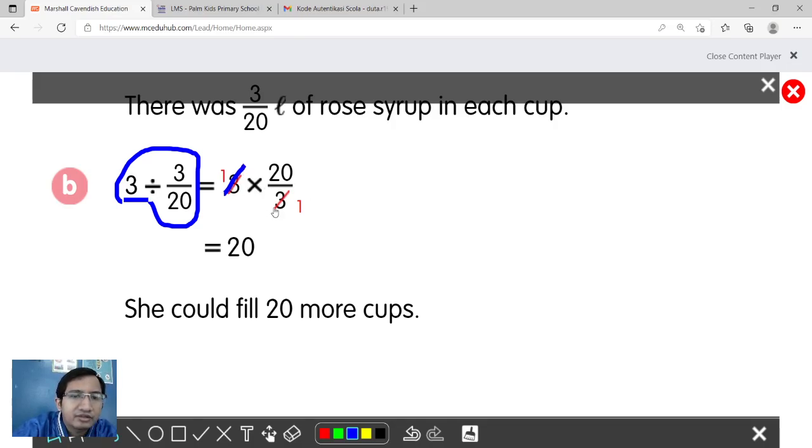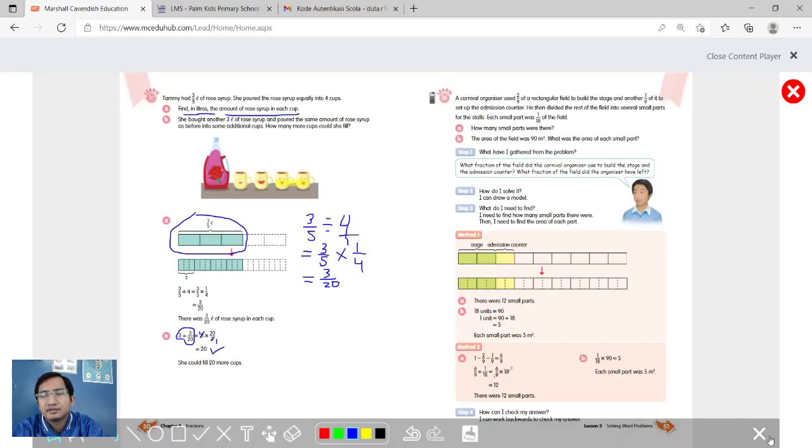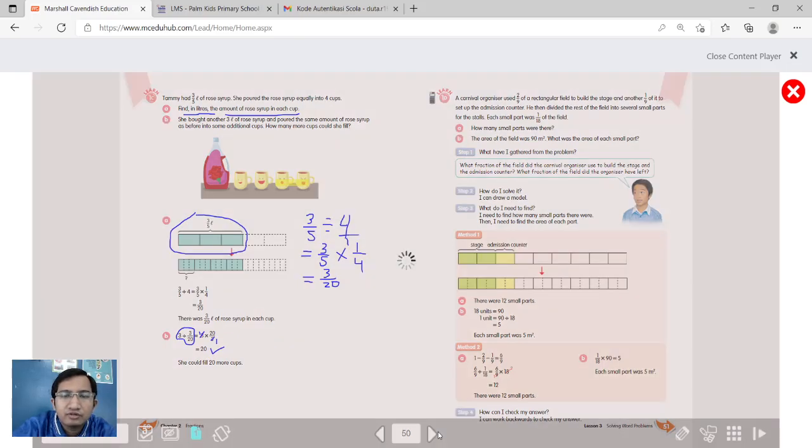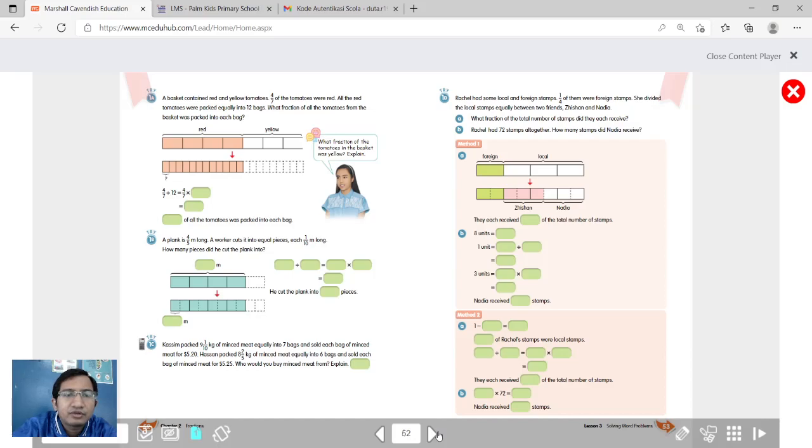Then we divide 3 with 3. 3 divided by 3 is 1. So we got 20 more cups to fill. Okay, that's about the word problems that we're going to have. And you can look at the example of 1D and you can try to use a calculator. Same thing with try 1.